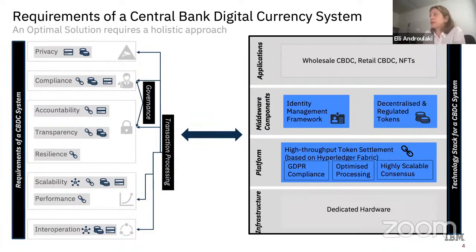And using that information, one could build middleware components and libraries, and the ones that are evident that we need here are the ones around identity management and the ones around asset management, like token exchange, all the way to incorporating certain capabilities into the platform level, which in this case is represented by distributed ledger technologies, and in particular, Hyperledger Fabric.